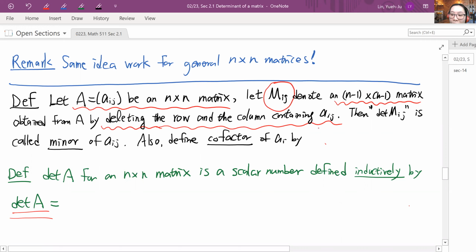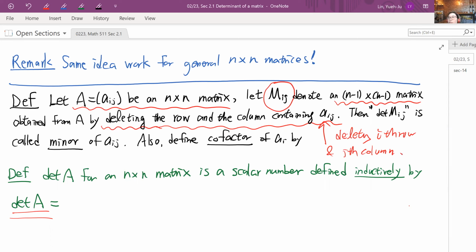Or you can say deleting i's row and j's column, same thing. And then you remember back in the 3 by 3 case, what we need is the determinant of this Mij. So this determinant of Mij is what we call the minor associated with the entry Aij.